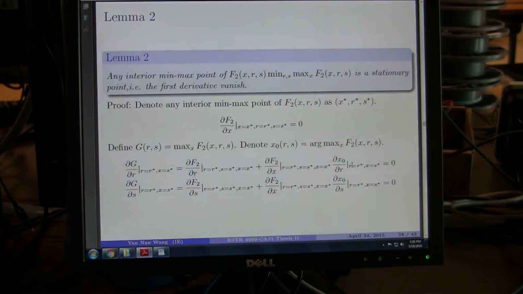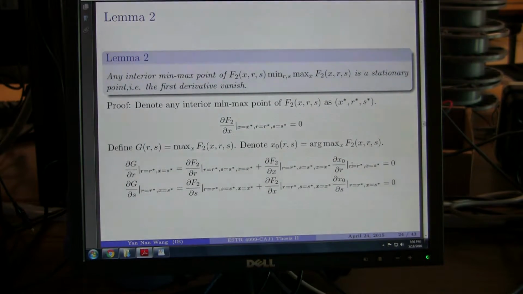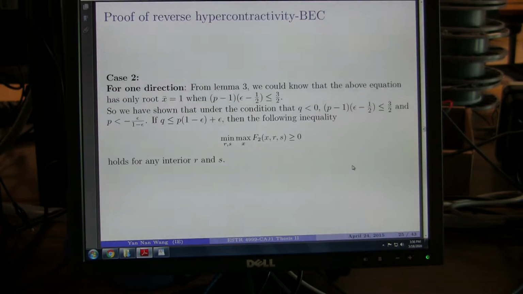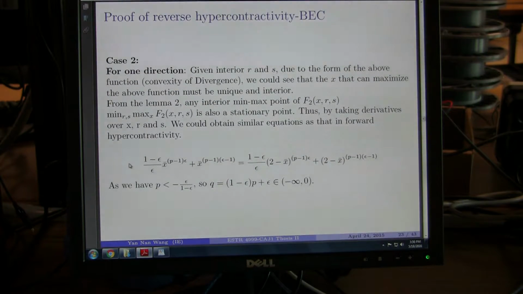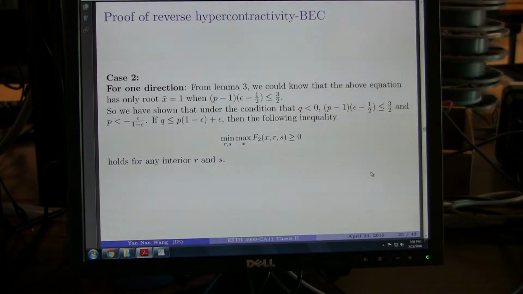Here is a proof for Lemma 2. It's very simple. We just prove it by chain rules. And then from Lemma 3, we could know the one equation in the previous slide has only one root when (p minus 1) times (epsilon minus 1) over 2 is less than or equal to 3 over 2.